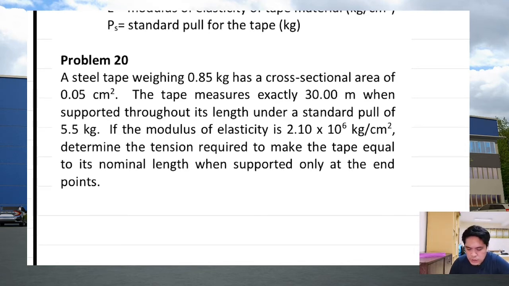If the modulus of elasticity is 2.10 times 10 raised to 6 kilogram per centimeter squared, determine the tension required to make the tape equal to its nominal length when supported only at the end point. So basically, we are just looking for P sub n because we are looking for the amount of pull para yung nominal length niya is standardized or ma-cancel out lang yung effect ng both sag and ng tension.